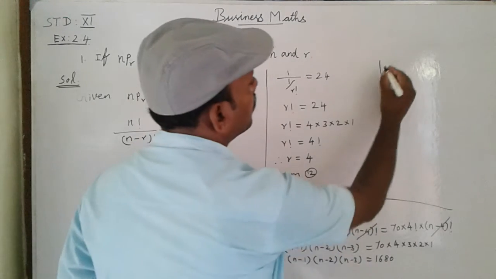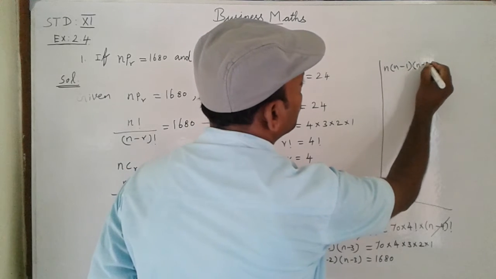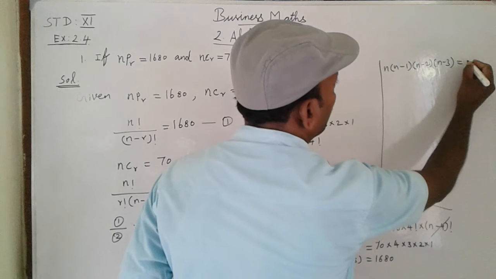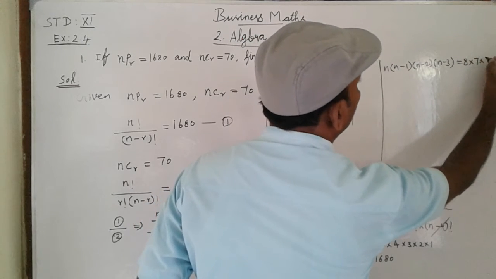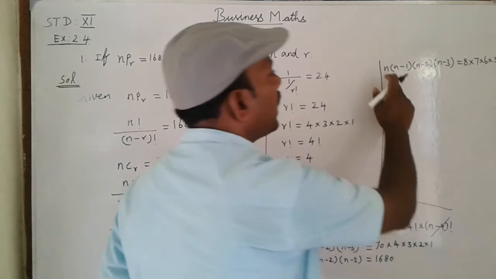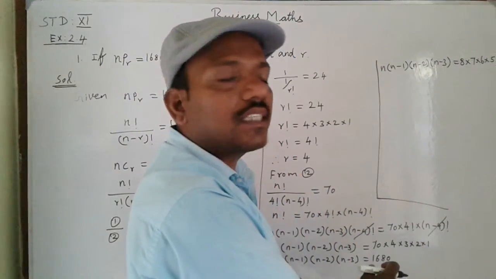1680 we should change into n, (n minus 1), (n minus 2), (n minus 3) format: 8 into 7 into 6 into 5. N is 8, then its multiple value is 1680.